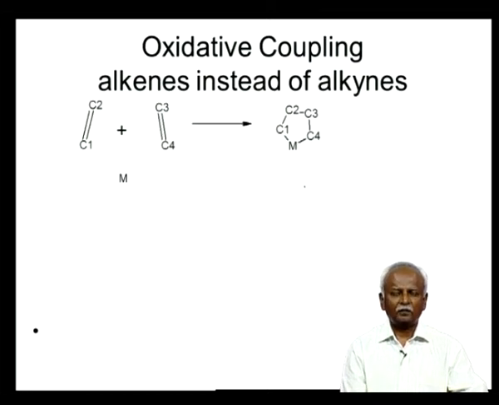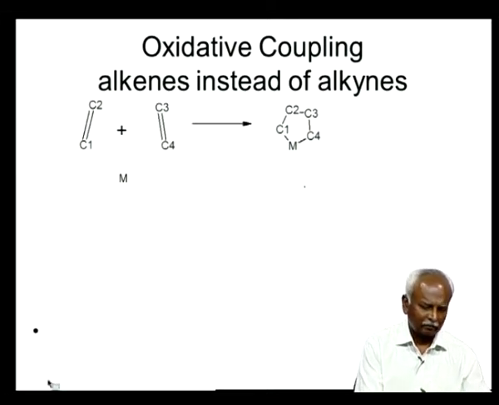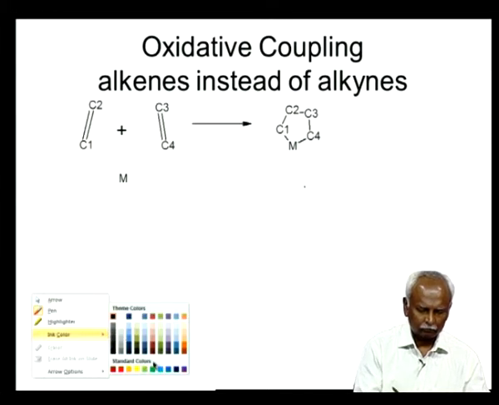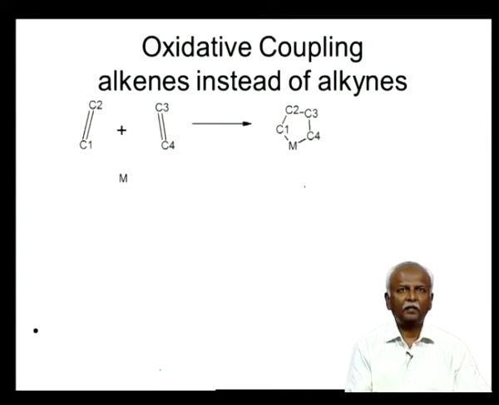Now, that leads us to another interesting possibility, and that is a possibility which we discussed in the coupling of alkynes. So, instead of alkynes, if alkenes can be reacted with the metal in such a fashion that you have oxidative addition and carbon-carbon coupling, let us highlight the new bonds that are being formed.